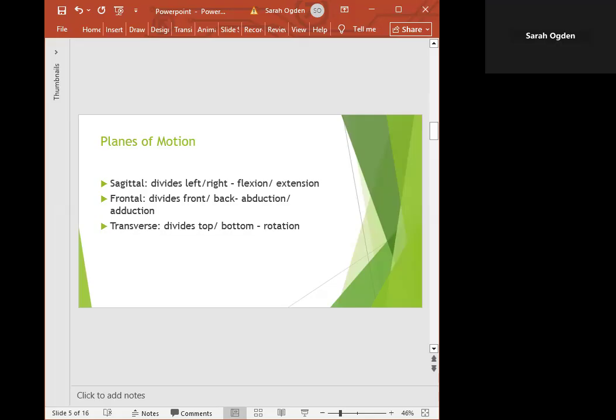We also need to define our body segments.